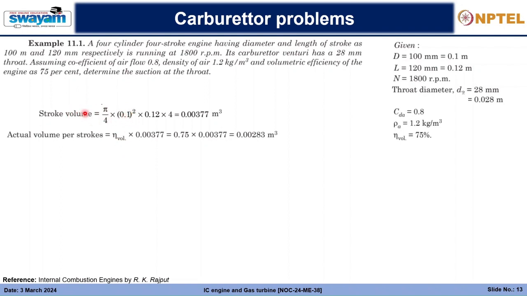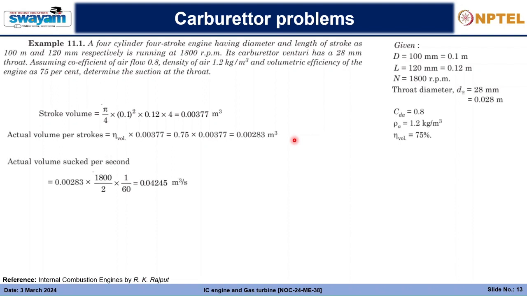There is a particular efficiency; not the entire stroke volume is being utilized in having all the air. So the volumetric efficiency gives the actual volume which is utilizing the air, which is lesser than the full stroke volume.